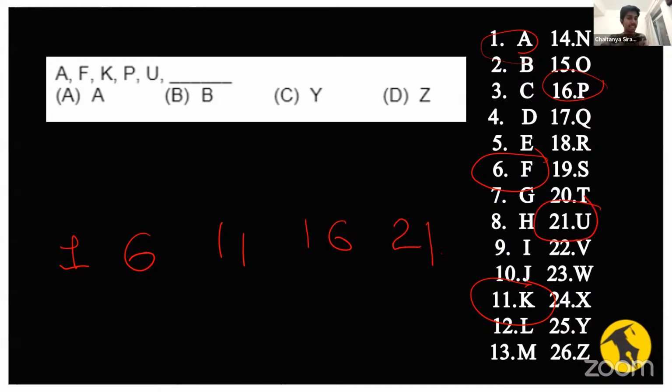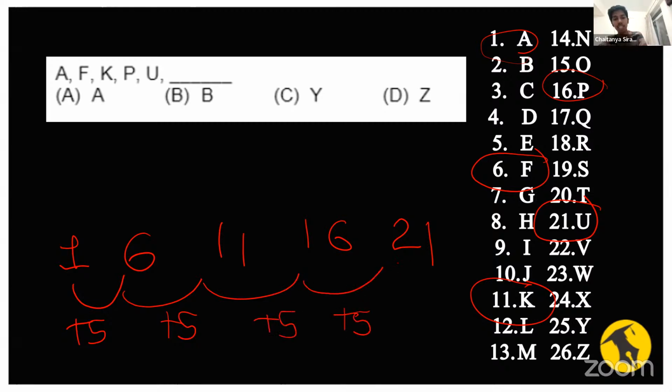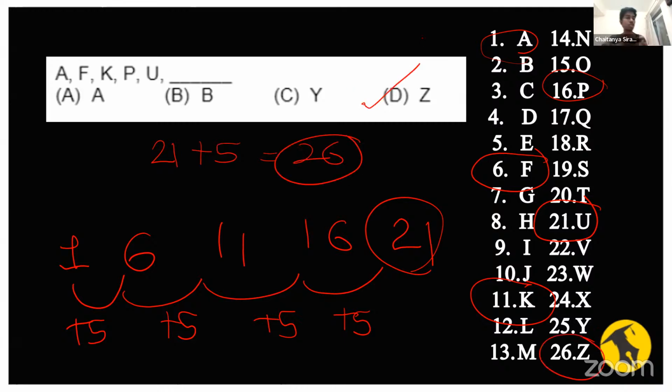So you can clearly see a pattern of increase. This is plus 5, plus 5, plus 5, and plus 5. So the next term should be 21 plus 5, which will give me 26. And we know that 26 is Z. So the correct answer is option D, Z.